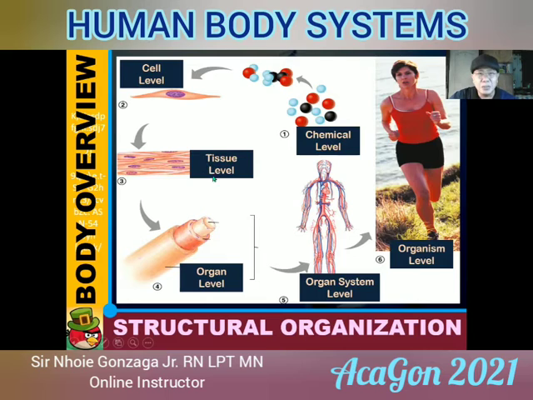When tissues are grouped together, it can already be called an organ. When organs group together, okay, especially with the same functions, they are called the organ systems. Okay? And when organ systems are grouped together, they form the organism or the human being. So this is actually the structural organization of our study in anatomy. Okay? So let us continue.